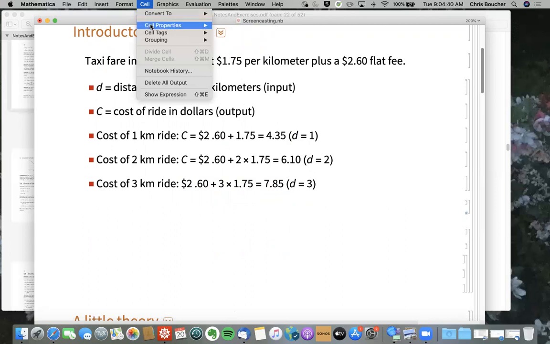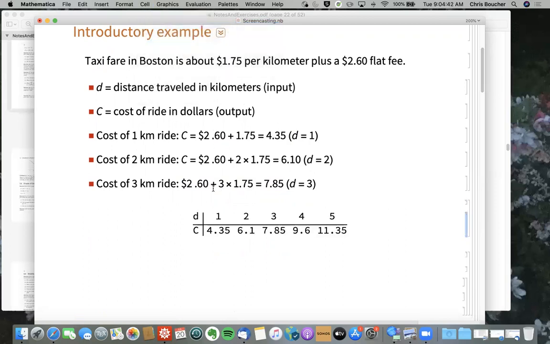I can take the values that I have computed so far and put them in an input-output table. You can see the first 3 columns of this table correspond to the values that we've computed up above. The top row here, these are distance values. The bottom row is our cost values. There's the 4.35, the cost associated with D equals 1, 6.10, the cost associated with D equals 2, 7.85, the cost associated with D equals 3.